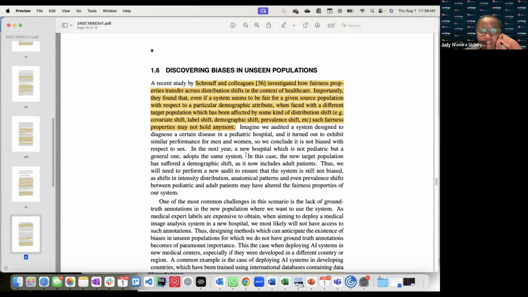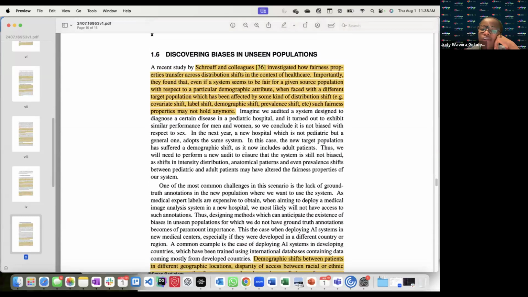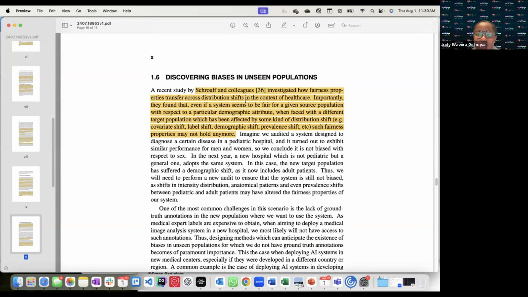So discovering biases in unseen populations is very relevant, especially when you see a homogeneous population, or you're in Europe where social risk scoring, aka collecting data on race, is prohibited. And the team here starts to say that if a system is fair given a source population, when faced with a different target population, fairness properties may not hold anymore.